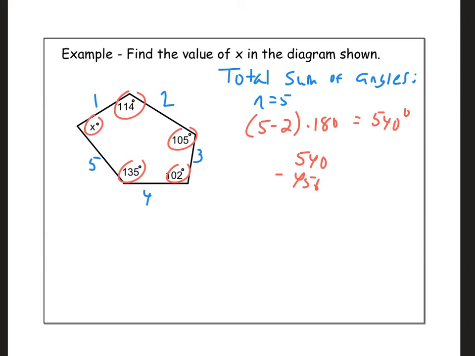So you can actually find missing angles just by knowing the sum of the angles. It's kind of like you would do in a triangle. In a triangle, we would know there's a total of 180 degrees, so if they give you 2 of them, you can just subtract those 2 from 180. This is the same kind of thing.